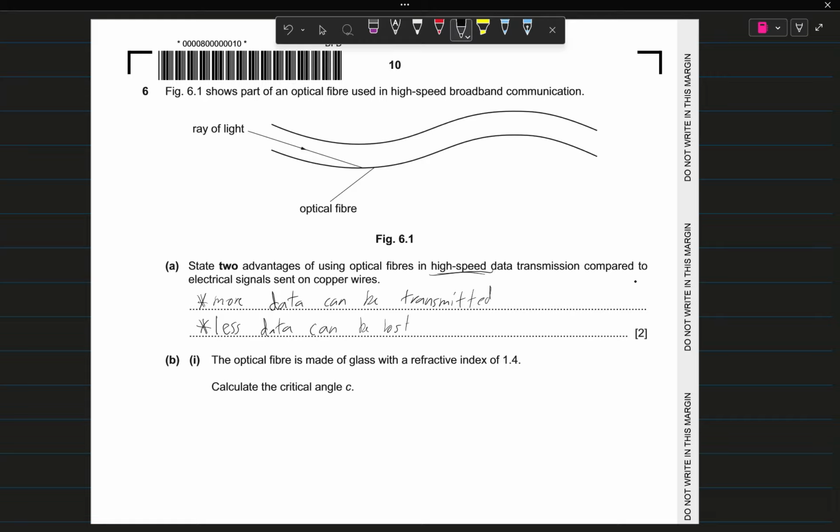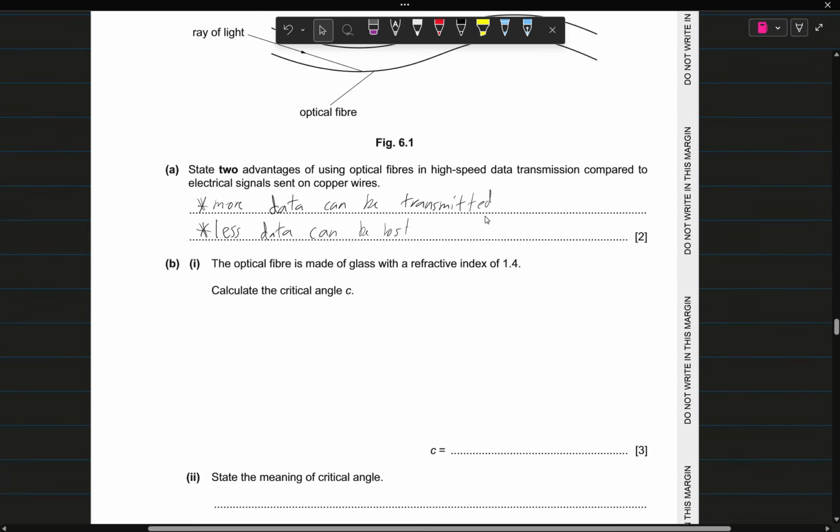Now I've also checked the mark scheme and I noticed that they do accept the point of a higher rate or faster, although here it's written as high speed. So you can mention that, but just to be safe, it's better that you mention points other than the higher rate. Unless you are not sure, then you can mention the higher rate of transmission.